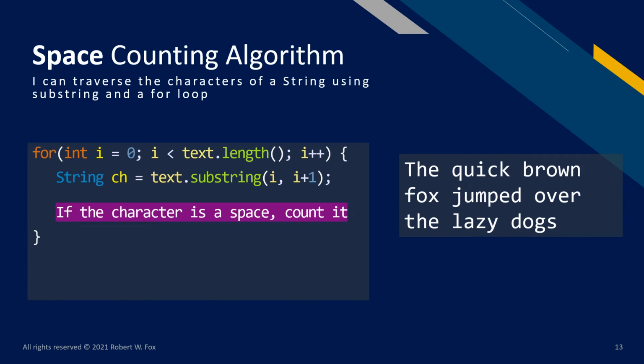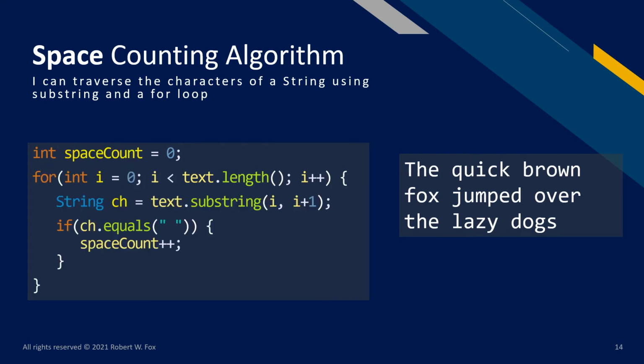Now we have the first part of our space counting algorithm, where we're using a loop to extract every character of the string one by one. The next step is to check that character, and if it's a space, count it. To finish coding our algorithm, I've added two things. First, at the beginning, I've created a new variable called spaceCount and initialized it to 0.